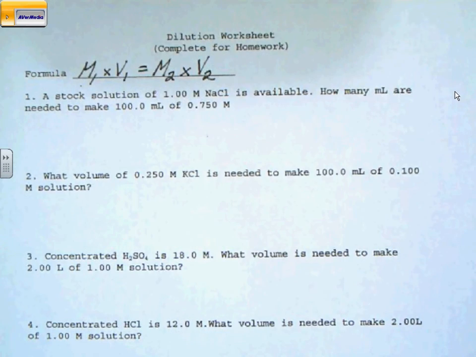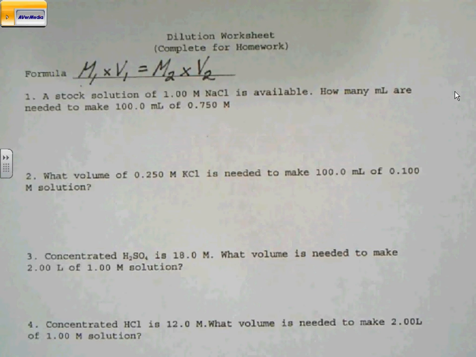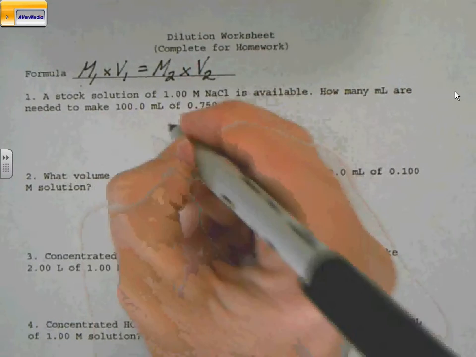Okay? So let's look at the first problem. We have a stock solution and its concentration is 1.00 molarity. The solution is sodium chloride. And we want to make 100 milliliters of a 0.750 molarity solution. So we want it a little bit less concentrated than the 1. So all you have to do is, what is the desired volume?